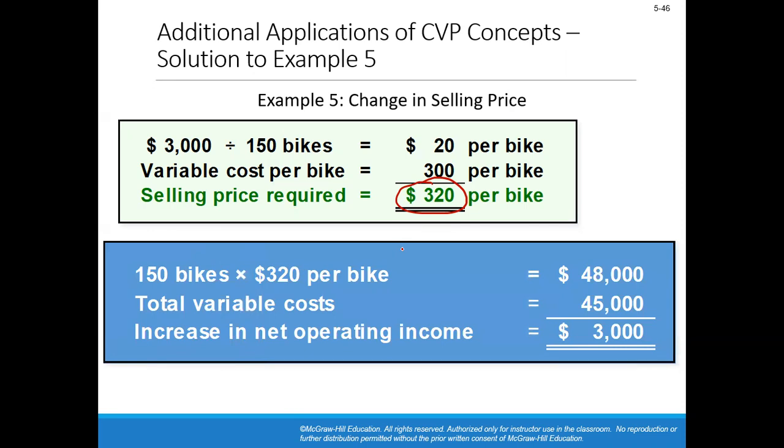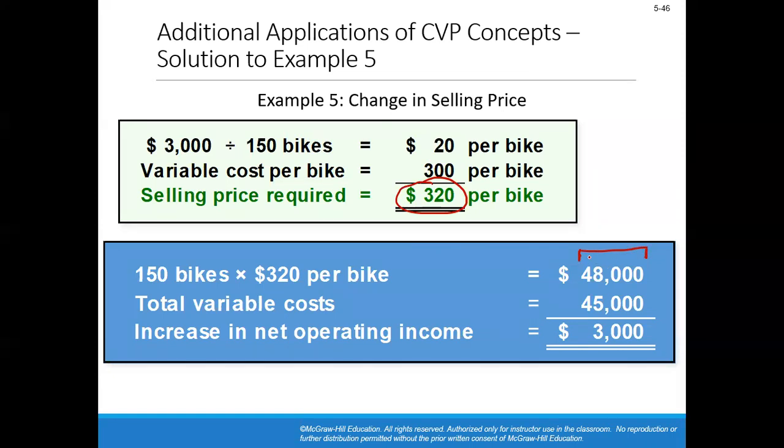Okay. We see that for the switching from other customers to the particular wholesaler, and by selling the bike at 320, which includes the variable expense per bike and the $20 per bike profit, our sales will go up by 48,000.